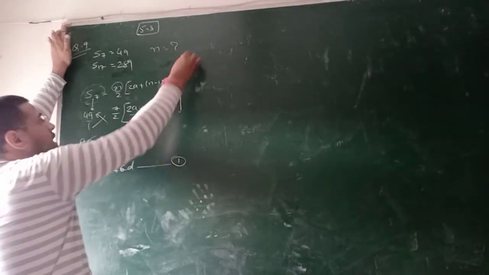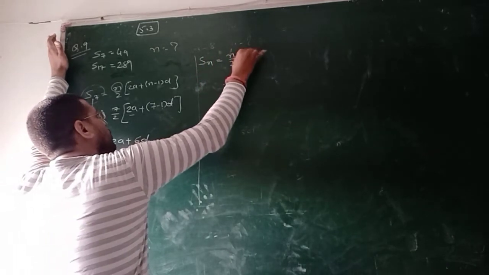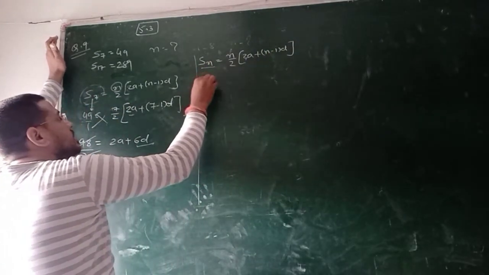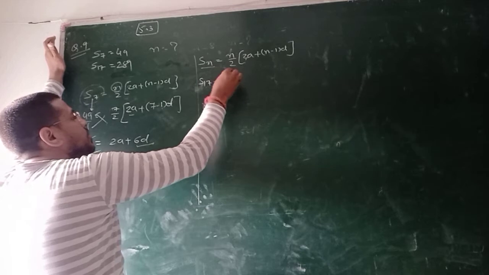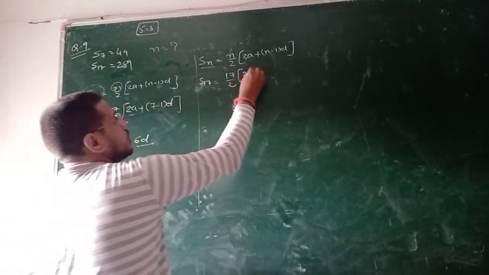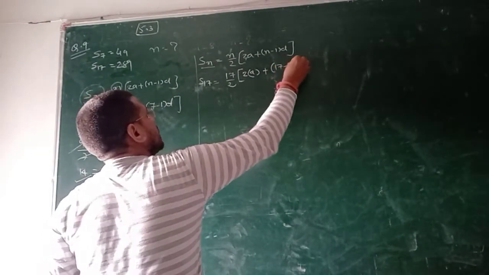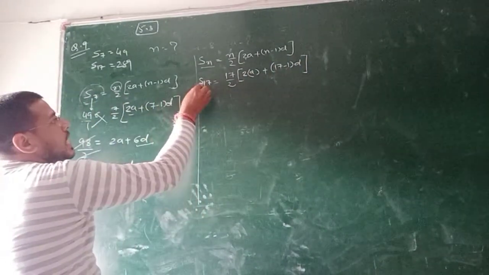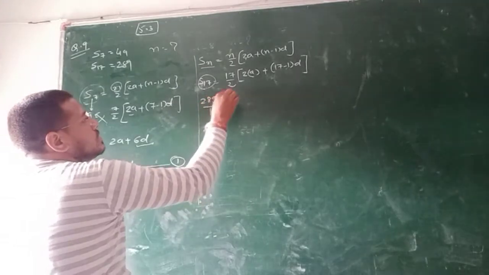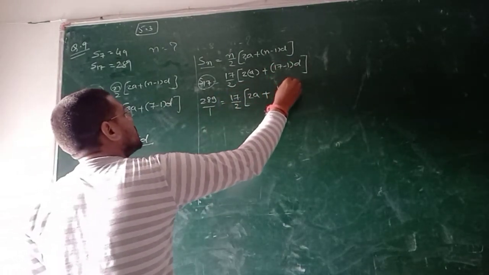And the second equation: first of all the formula n upon 2 into 2a plus n minus 1 d. S17 equals 17 upon 2 into 2a, a is not given over here, plus, in place of n, 17 minus 1 d, so d is still missing. The value of S17 we have is 289 divided by 1, here it is 17 upon 2 into 2a plus 17 minus 1, so 16d.